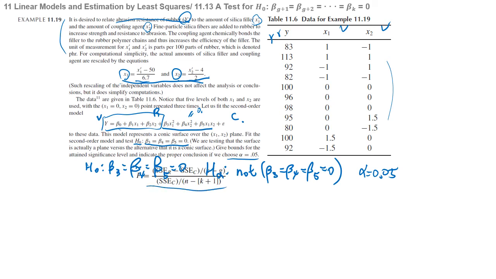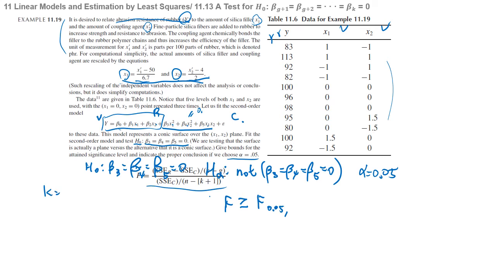F is this thing, and you should write down the decision rule, which is F is greater than or equal to F alpha 0.05 with degrees of freedom k minus g. Here k is 1, 2, 3, 4, 5.